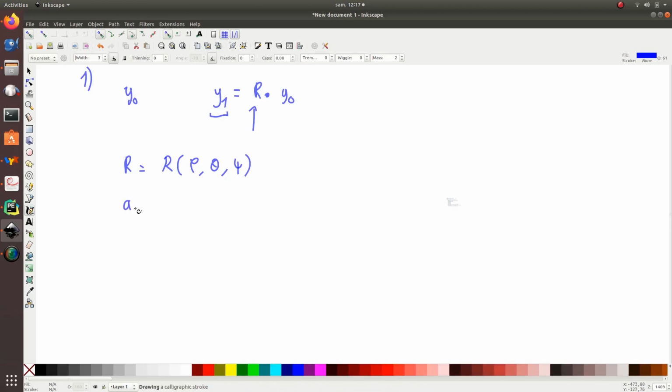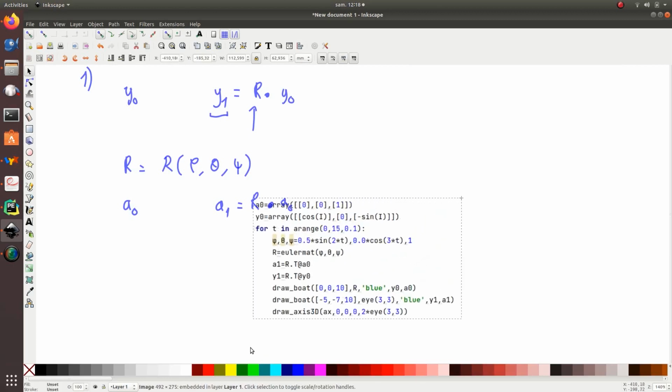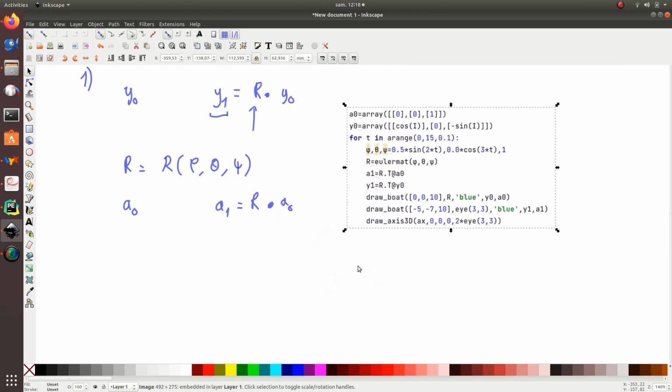If A0 is the acceleration that should be measured if we are at the orientation identity, then what the boat measures is R multiplied by A0. So we'll try to show this in a simulation. I consider the following program.